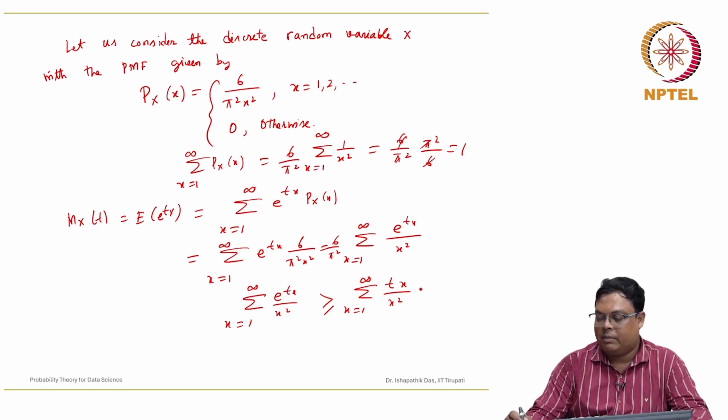If t is non-zero, this reduces to the summation over x equal to 1 to infinity of 1 by x, which is a divergent series.